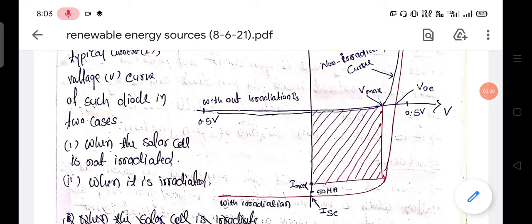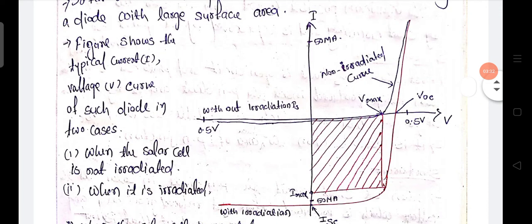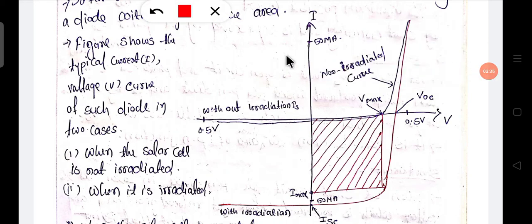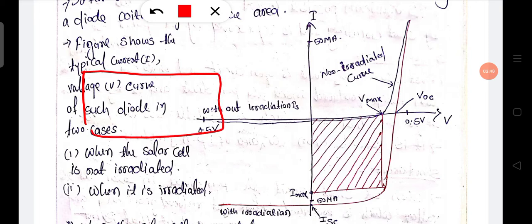Now, first we consider this PN junction, this P, this N, when the PN junction diode is open circuit, that means there is no connection of load.